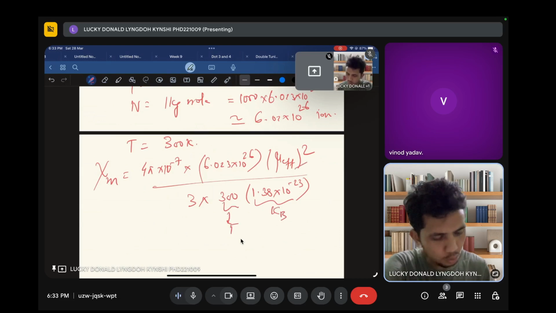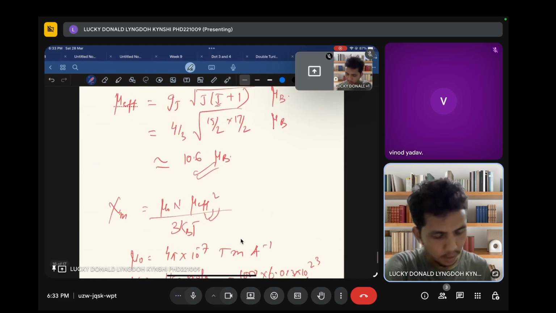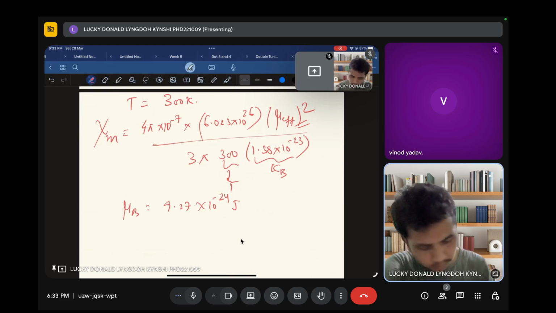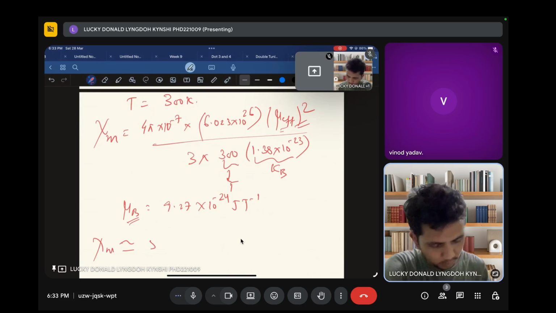You substitute the value of mu effective square that you get from this formula, and remember that mu B is equal to 9.27 into 10 to the minus 24 joule Tesla inverse. Substituting mu effective and mu B, you will get psi m approximately equal to 5.93 into 10 to the power minus 4 per meter cube.